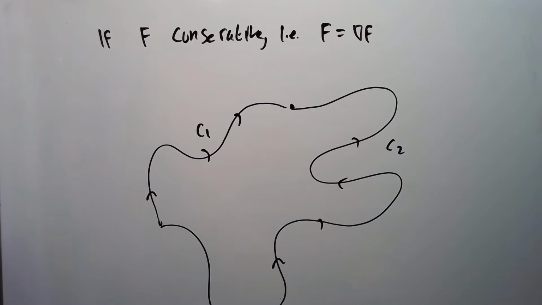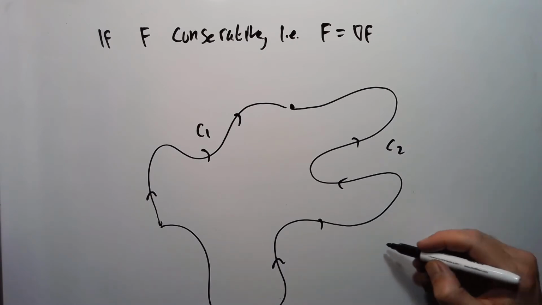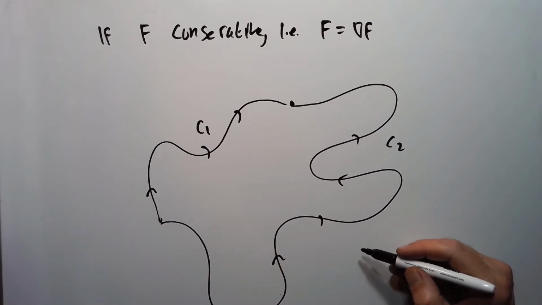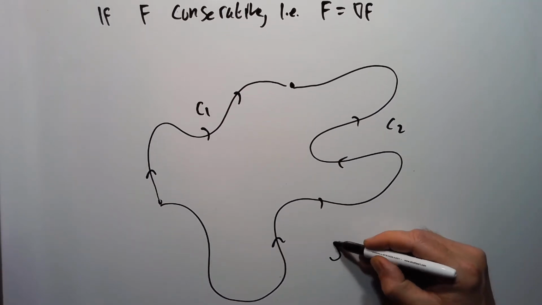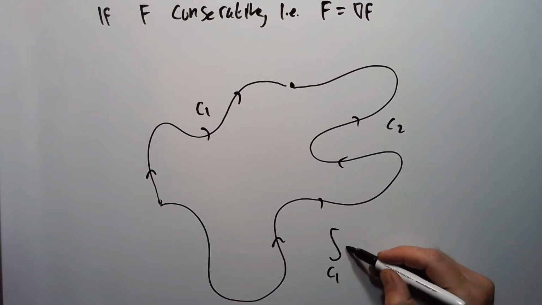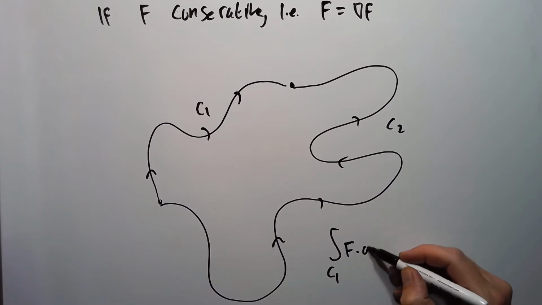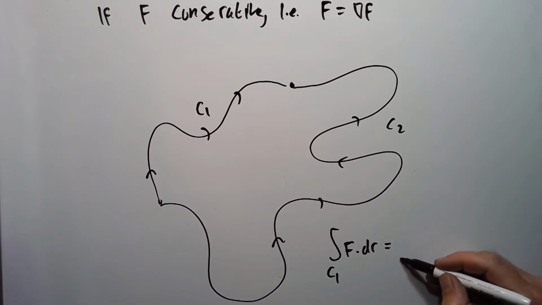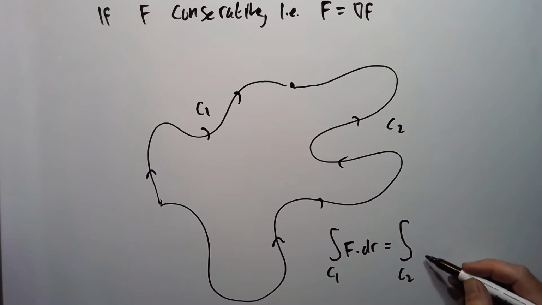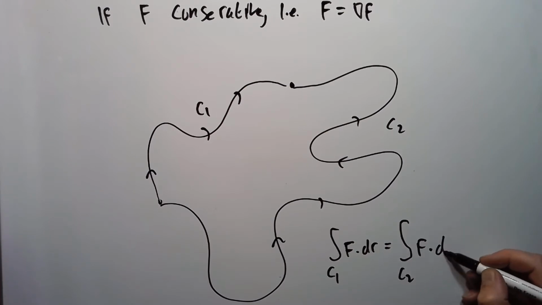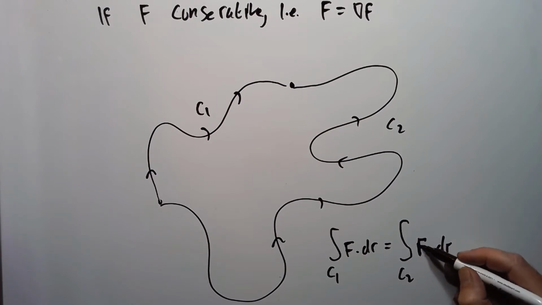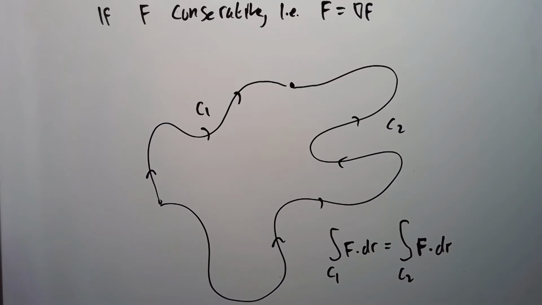That's C2. Being path independent would mean that the line integral over C1 of F dot dr would equal the line integral over C2 of F dot dr. That's what it means to be path independent.